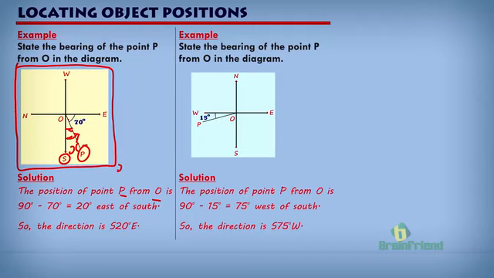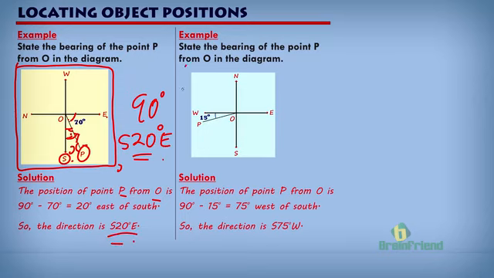But the angle formed on the other half there is 70. But we know that each quadrant is 90 degrees in size. So we simply say 90 minus 70 to get this other part as 20. So we have 20 degrees. But the direction is what? Southeast. So we write that as south 20 degrees east.